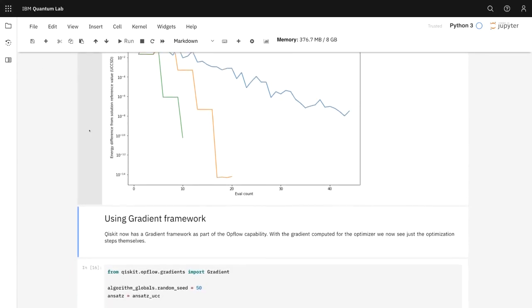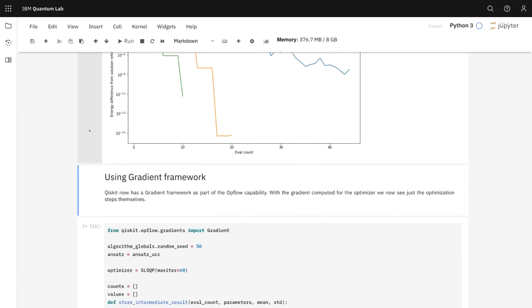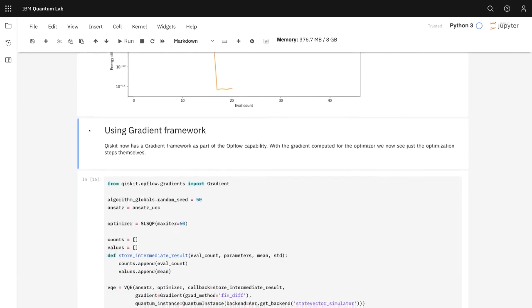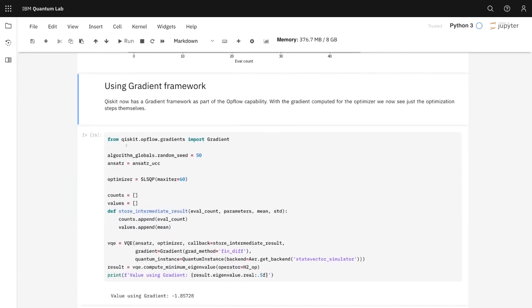You can also use the gradient to speed up the calculation.